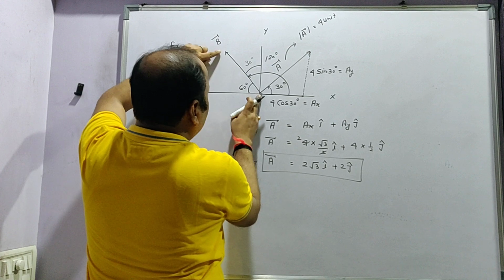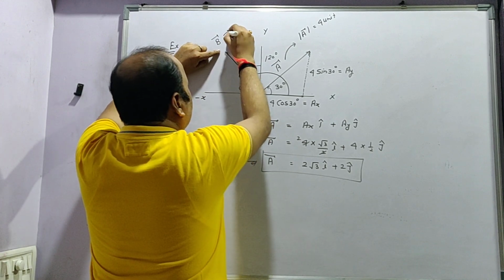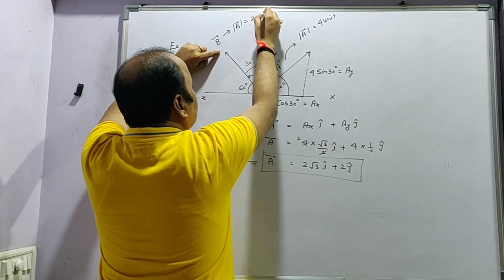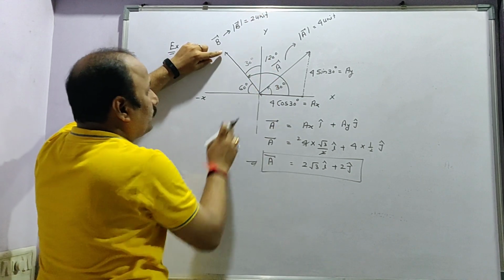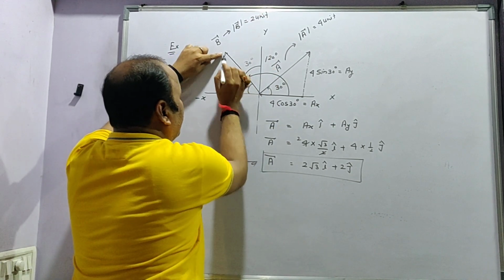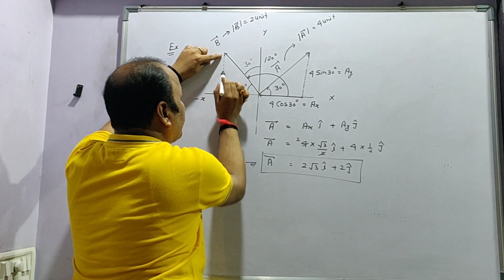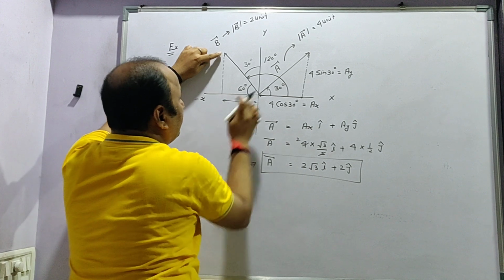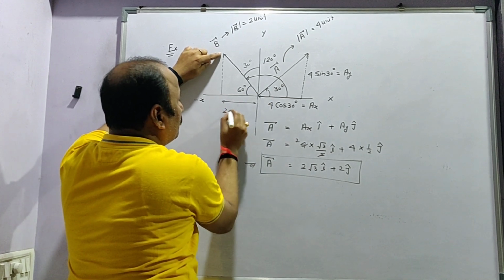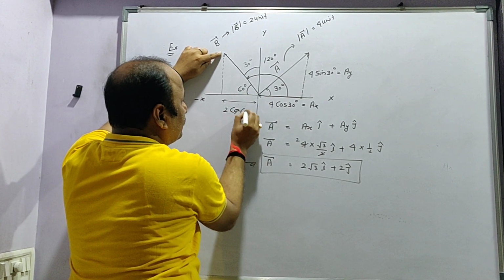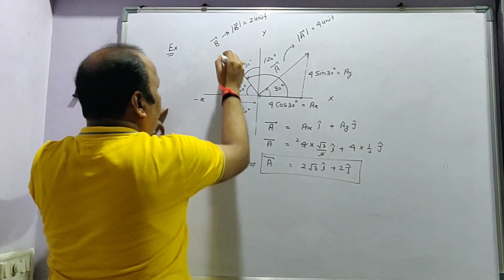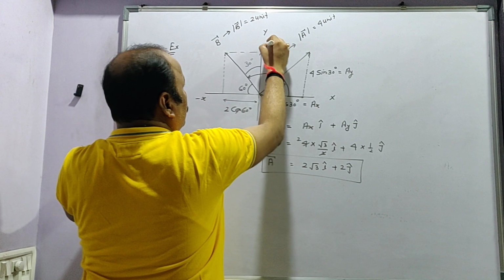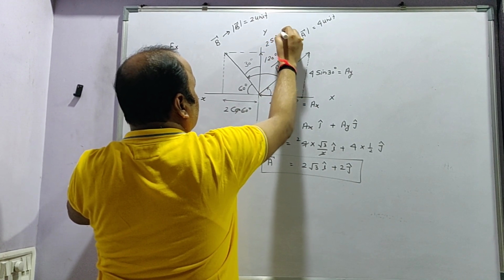If 60 is here, let us take the magnitude of B as 2 unit. Now the component of this vector along negative x-axis will be how much? 2 cos 60, and its perpendicular component, along y-axis, is 2 sin 60.